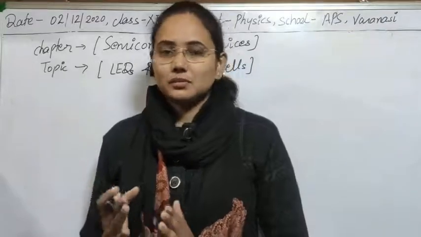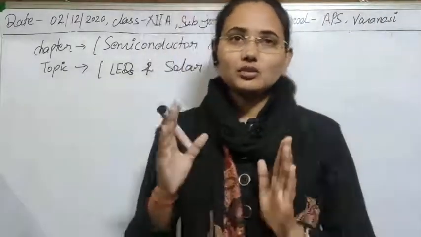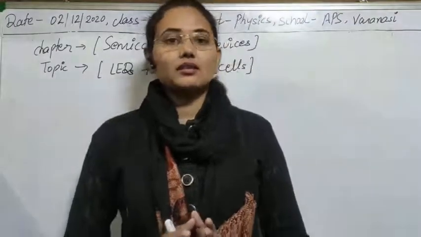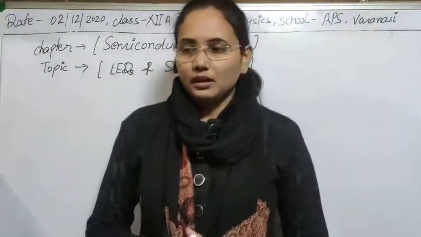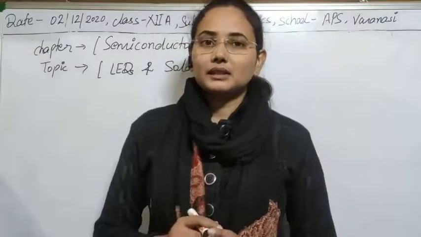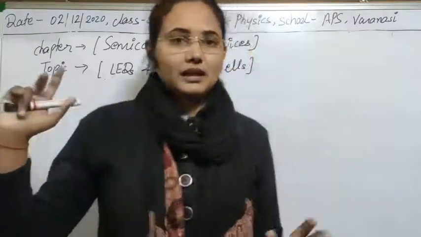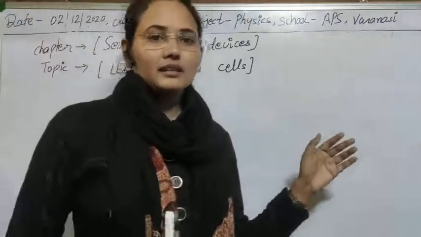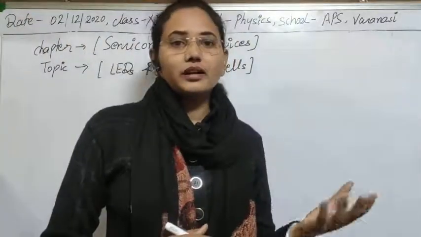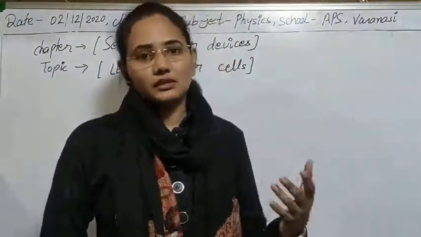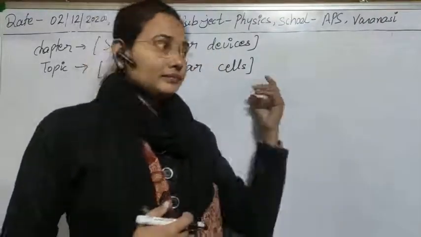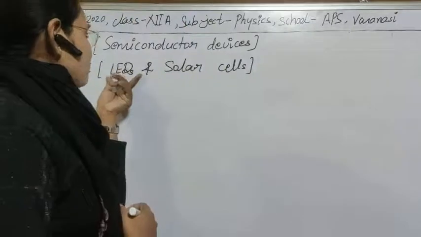For both processes we will use the forward bias condition of the PN junction diode. I will tell you the reason later. You have already studied it, but we are going to make some revision. So first of all, let's see the case of LEDs.